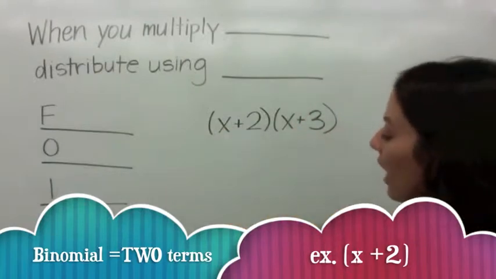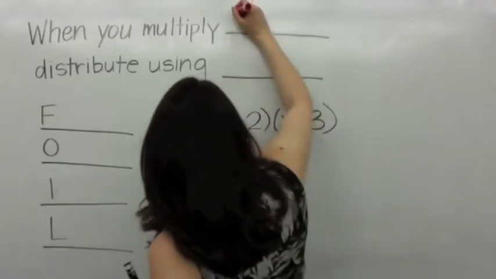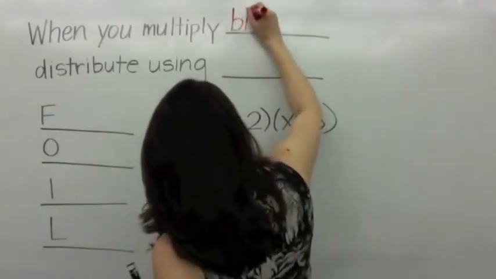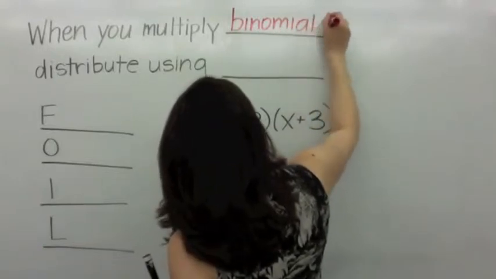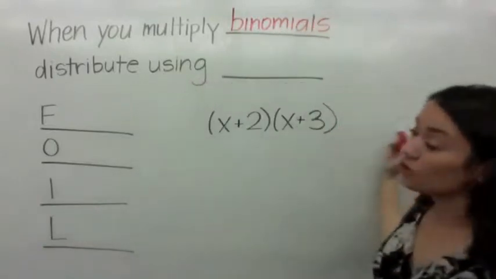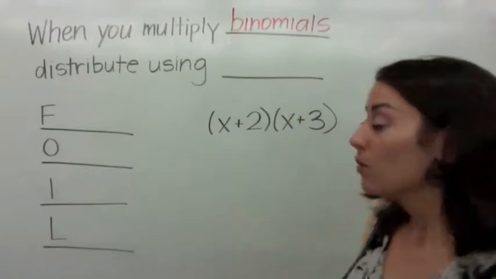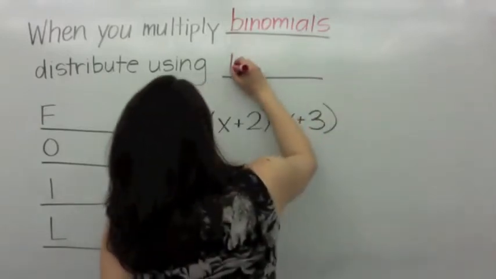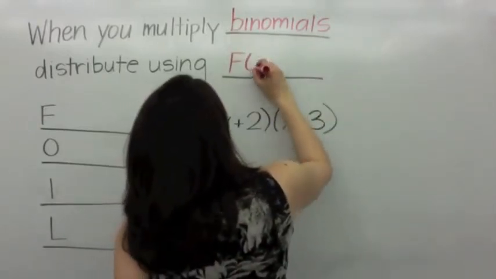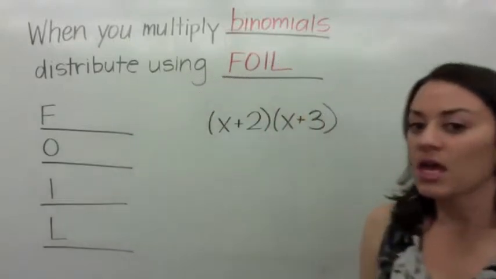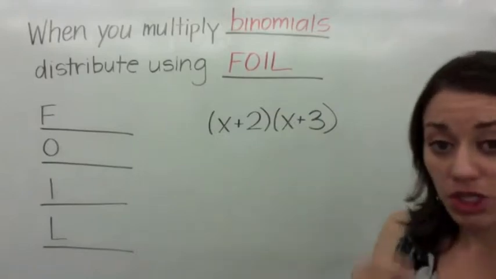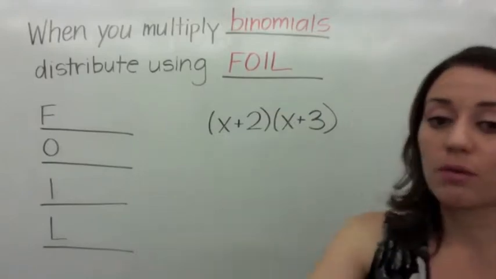So when you multiply binomials, okay, you do have to distribute, but you do it using FOIL. So it's F-O-I-L. Okay? So FOIL is a method of distribution, and it tells you which terms you're going to multiply.